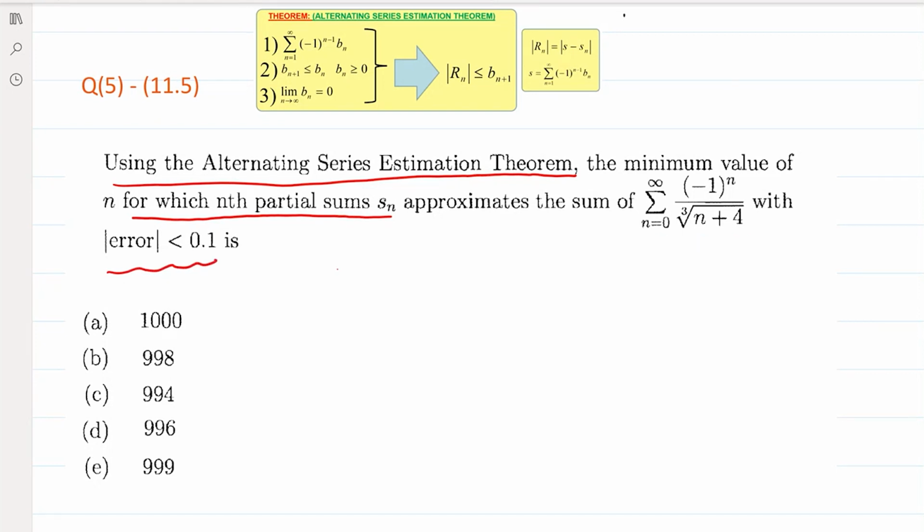You need to find the term such that S minus Sn is less than 0.1. I will give you 2-3 minutes to think about this one, then we will discuss it, okay? Try to solve this question and I will come back after 2 minutes.